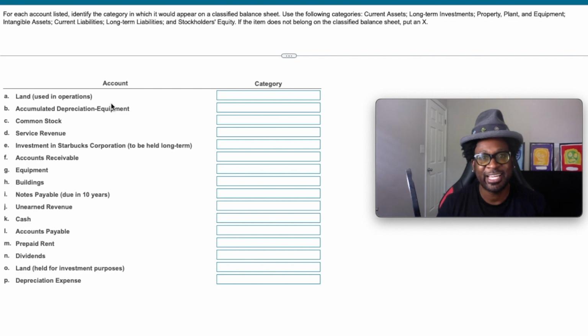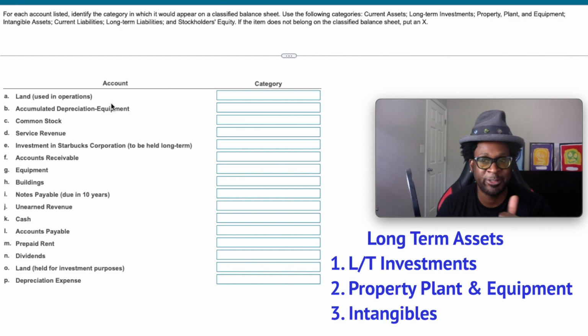So let's look at the first account, land used in operations. How are we going to report this? Well, since this land is being used to operate the business, we know that we're going to keep this on the books longer than a year. Thus, it will be considered a long-term asset. But within the long-term assets, we have different categories: long-term investments, property, plant, equipment, and intangible assets as well.